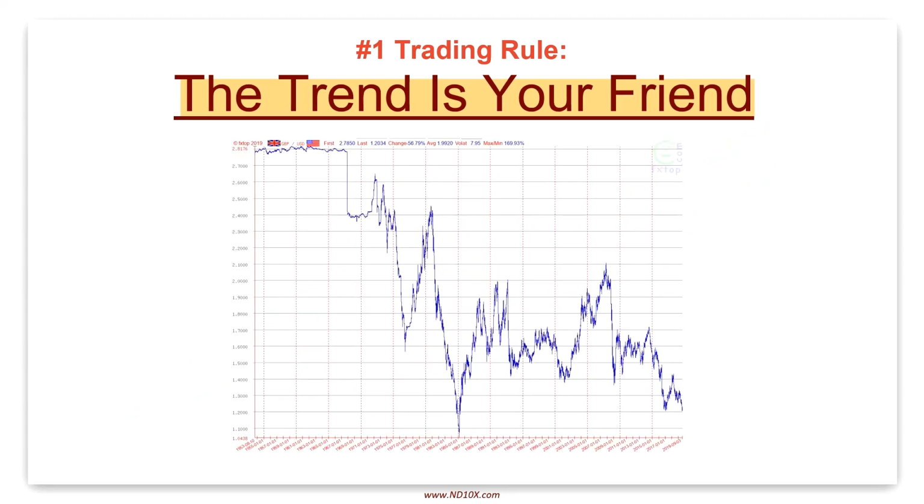Now, I want you to take a look at the pound dollar chart. This is the historical chart that displays the last 60, 70 years' worth of data. What we can see in this example is that pound dollar was trading to the downside for the last 60 years minimum.